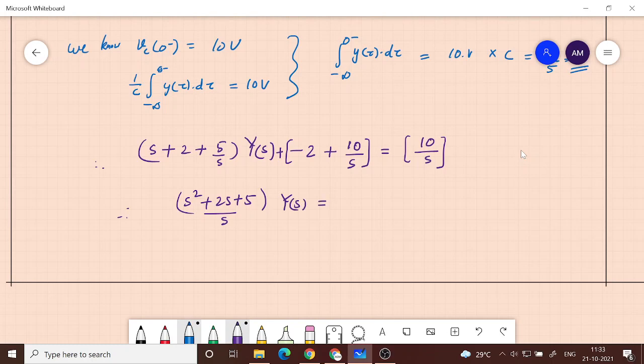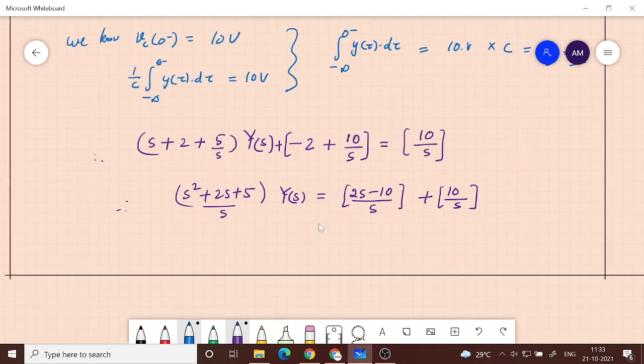into y of S is equal to, here also let me take the LCM. 2S minus 10, I am taking to the other side, so it is minus 2S plus 10. When I take it to the other side, it will be 2S minus 10 by S. So that is the initial condition part, and then I have 10 by S, which is the input applied.